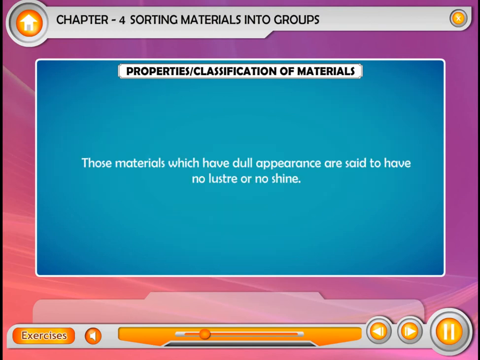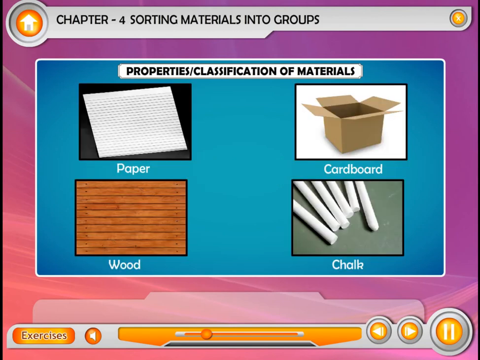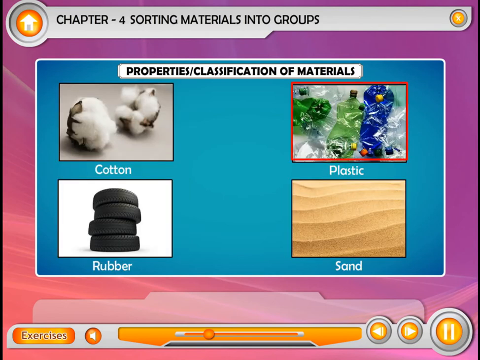Those materials which have dull appearance are said to have no luster or no shine. The examples of materials having dull appearance are paper, cardboard, wood, chalk, cotton, plastic, rubber, and sand.